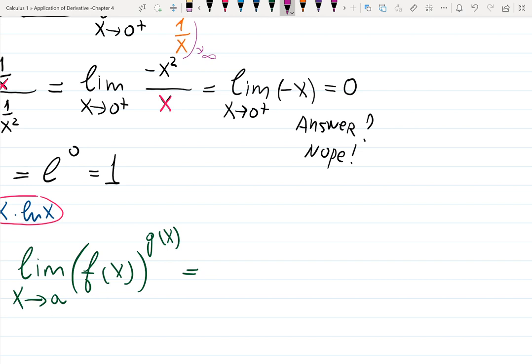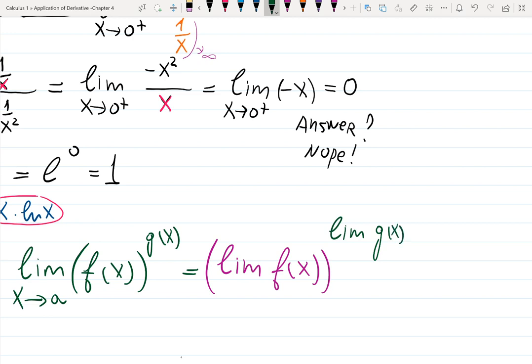We're checking the limit of f of x separately, and the limit of g of x separately as x approaches a.